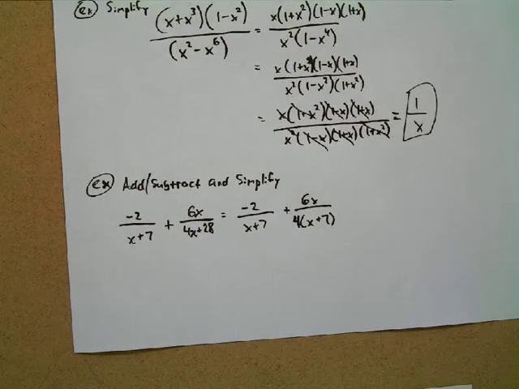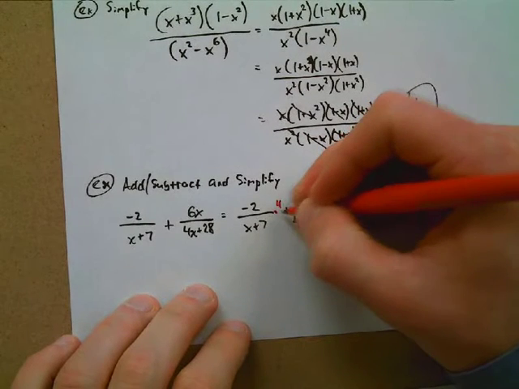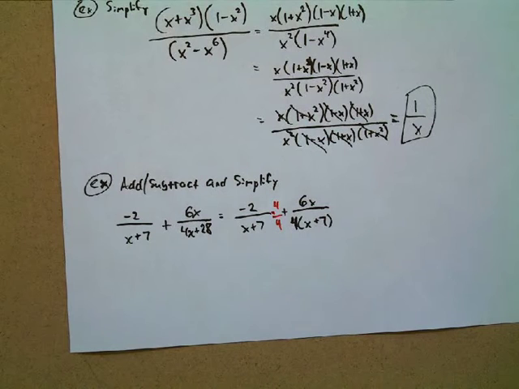What is this denominator missing, though, that this denominator has? A 4. It's missing a 4. So what we'll do is bring a 4 in, so we'll multiply by 4 over 4 in that first rational expression.